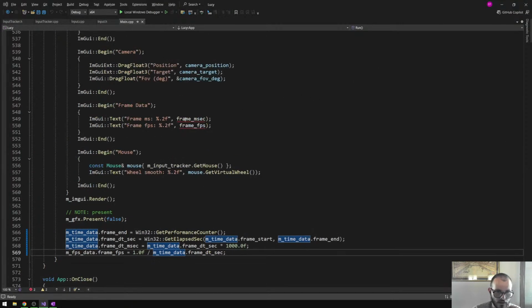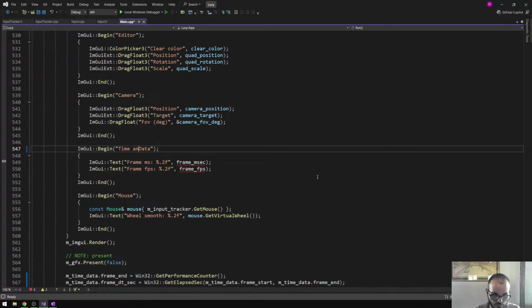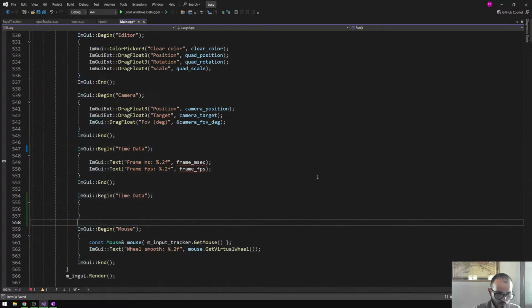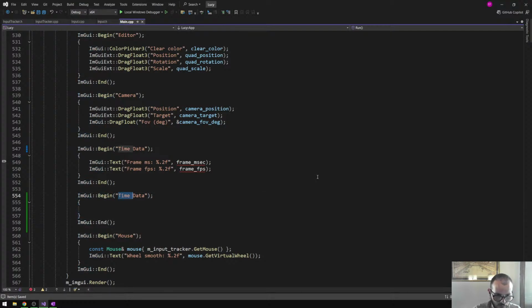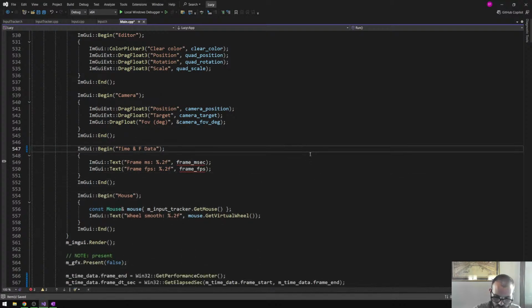Why? The UI frame, so let's call it time and frame data. Let's call it time data here, and frame data here. Time and frame data and FPS data.